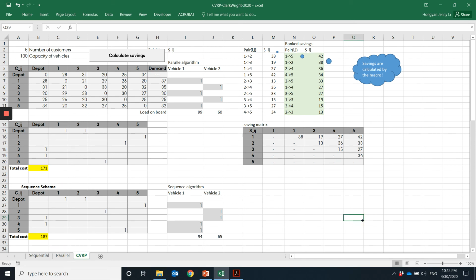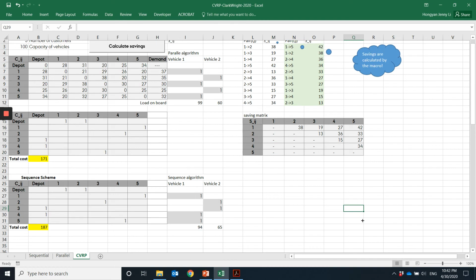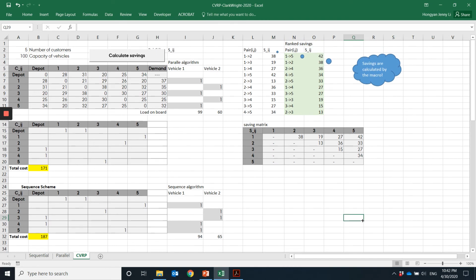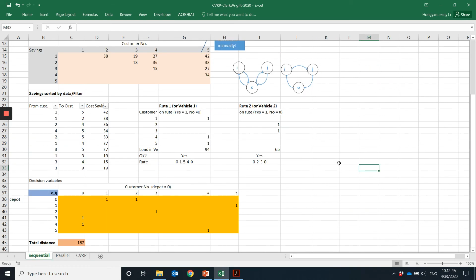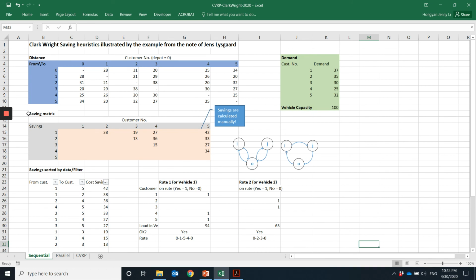Here I have the third worksheet. If you noticed, this is exactly the same implementation of the same algorithm for the same example. The only difference is that here we put the method to calculate cost savings. If you still remember, I explained we needed to calculate the saving matrix based on the relationships introduced in the algorithm.